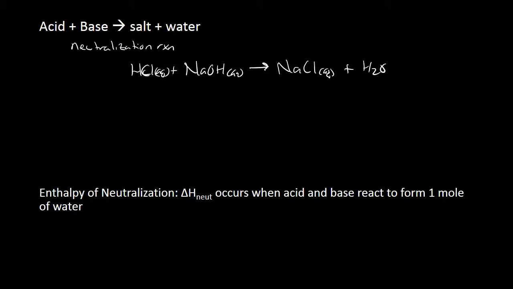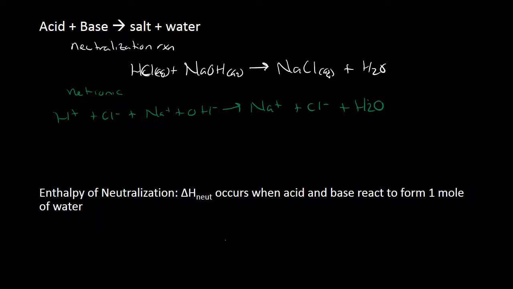So now we want to go through and make it into our net ionic. So that means we have H plus Cl minus plus Na plus OH minus gives us Na plus Cl minus plus H2O.